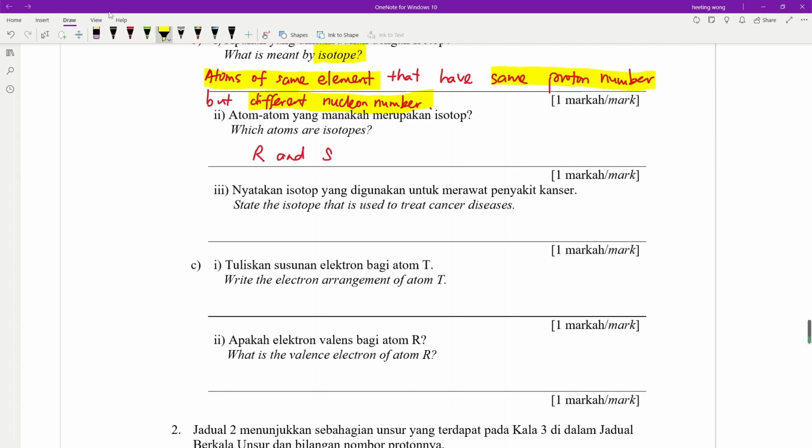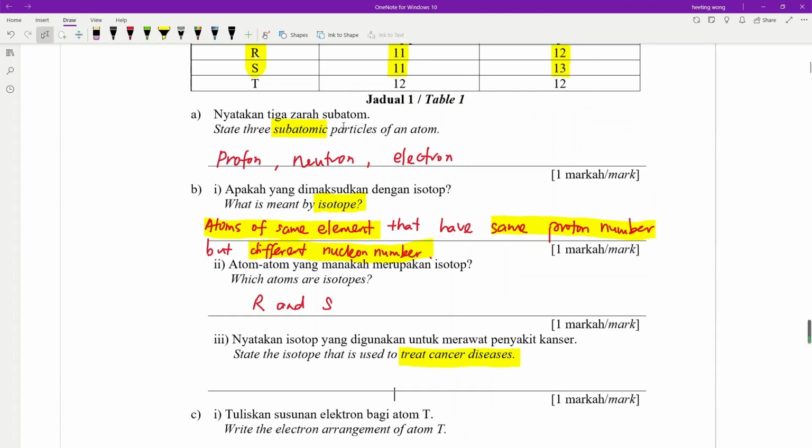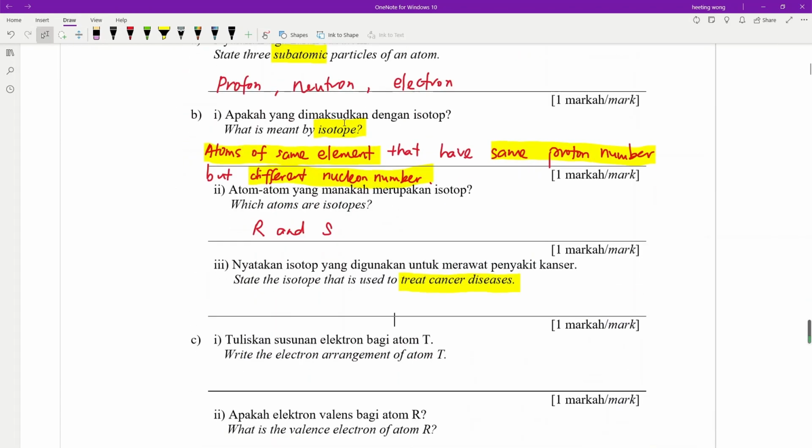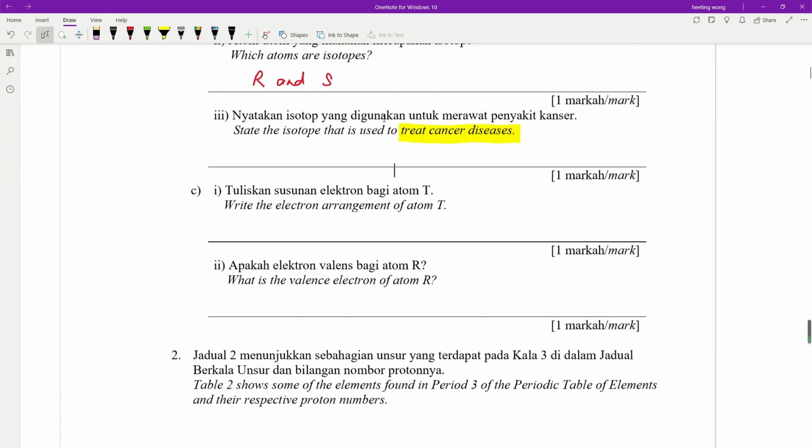Actually it is not in this table. What we use to treat the cancer patient is cobalt 60, right? It will release gamma ray to kill the cancer cell.